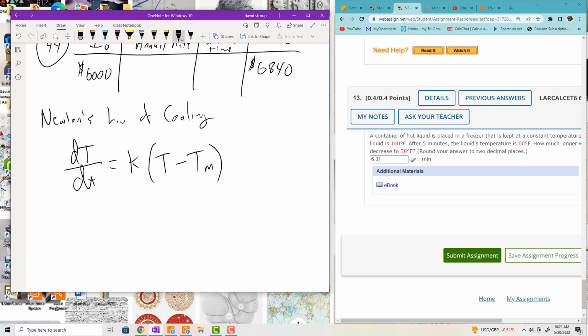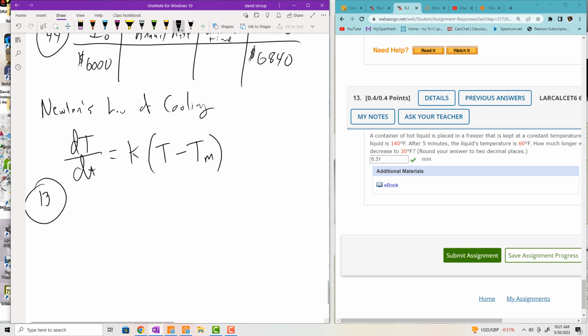Let's look at number 13. The answer is always a little bit tricky. And this, it's not a hard problem, it's just a little tricky. Okay. So our differential equation, we want to solve this in order to get our formula.